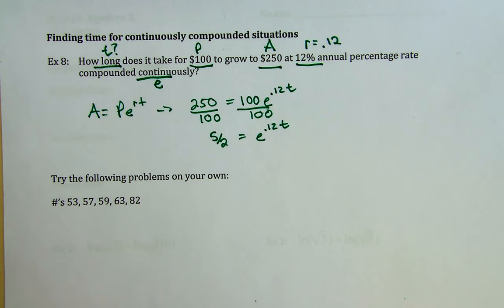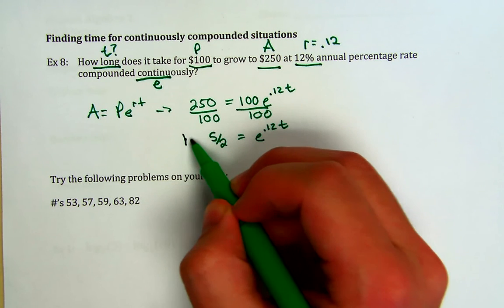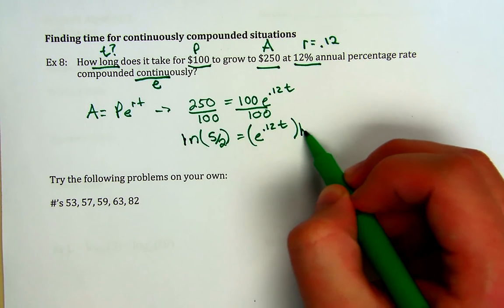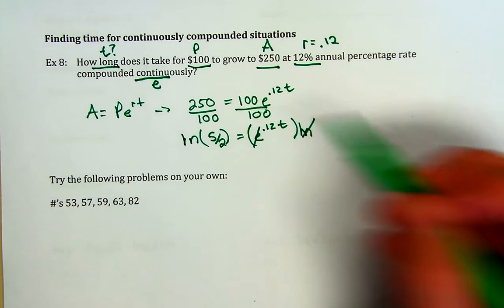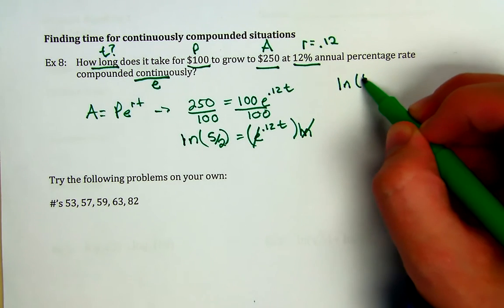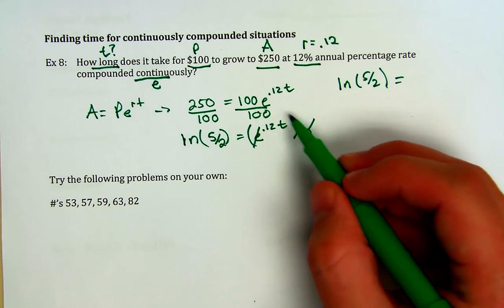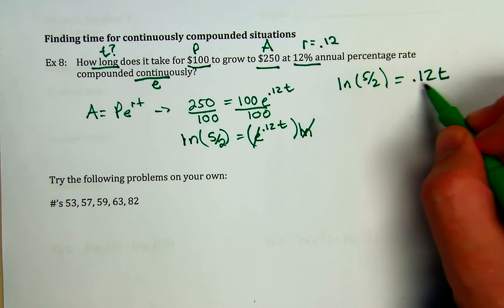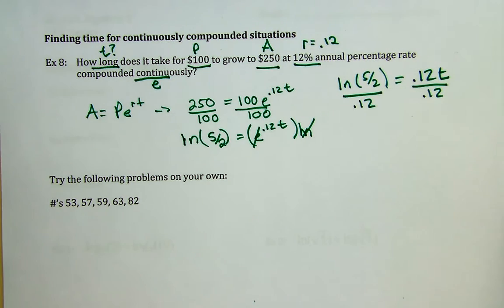That was our property that we had in the last lesson. So if I take the natural log of both sides, well, the natural log and e go away. So now I have the natural log of 5 halves equals, well, the power is coming down, so it's 0.12t. To solve, all I have to do is divide both sides by 0.12.